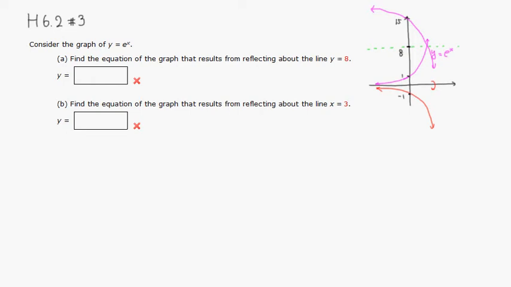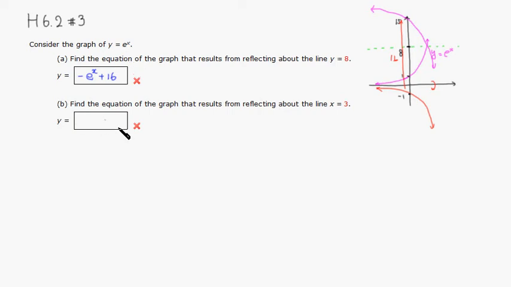Then we can shift it upward by 16 units to get what we want. So the transformation would be: start with e to the x, first apply reflection about the x-axis, then shift it upward by 16 units. So that's part A.